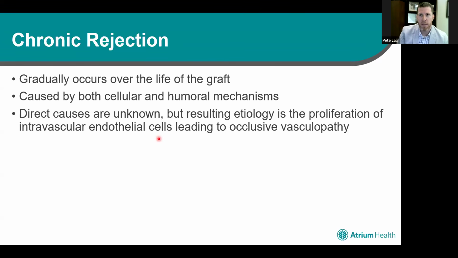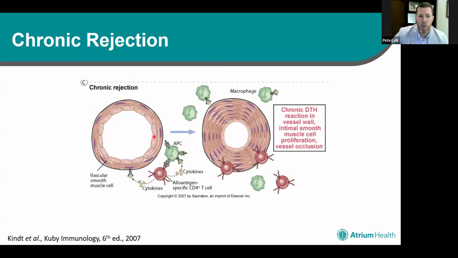And over time, that stress of being bullied over and over again, the cells of the graft will then start to do what we all want to do when we're stressed, and that's make copies of ourselves.